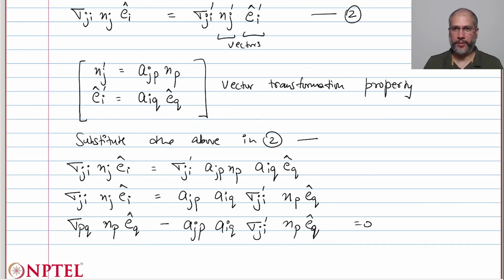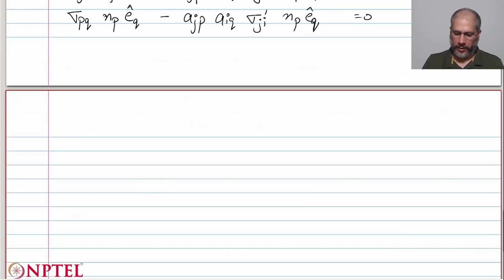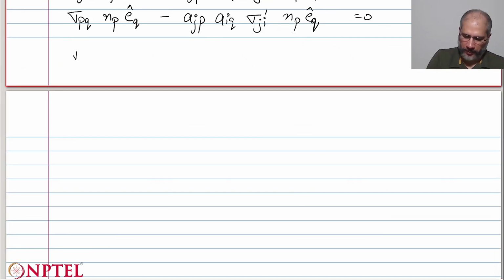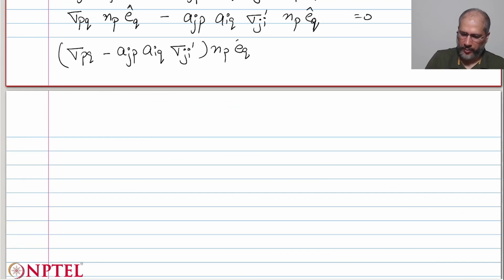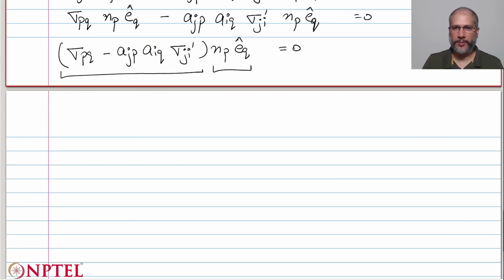So this is equal to 0. So now this can be written as sigma_pq minus a_jp a_iq sigma_ji prime times n_p times e_q hat equals 0. So we have a product of two quantities which is equal to 0.